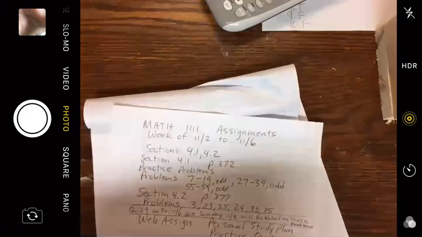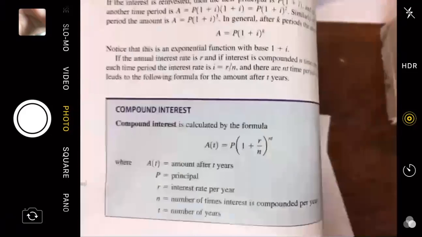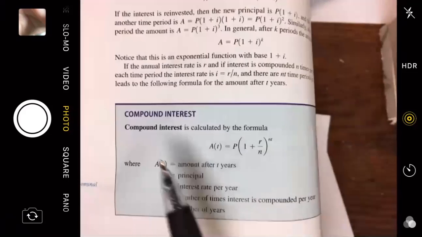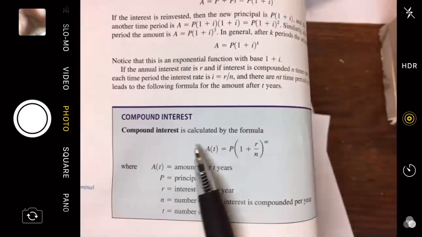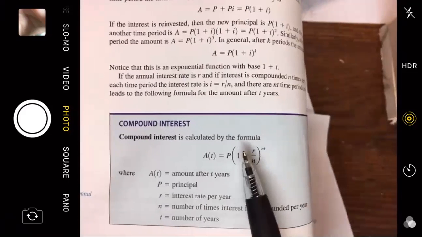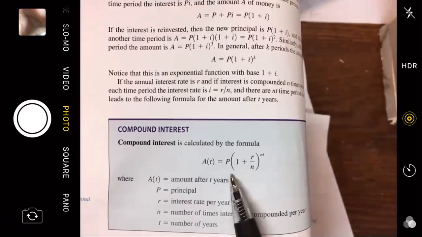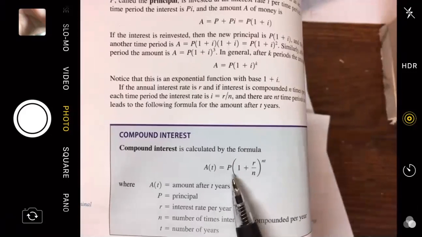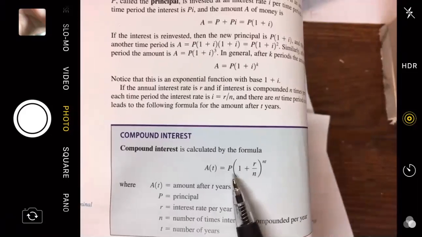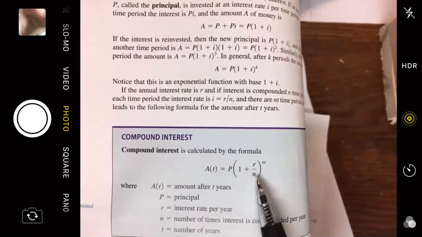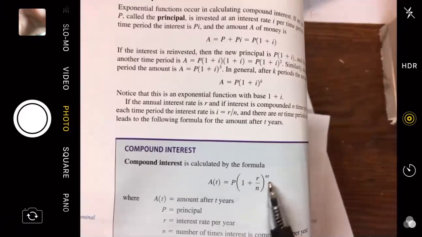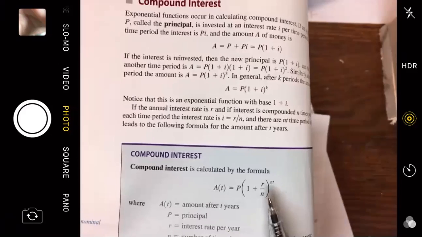Right here. Compound interest. P is the principal you put in the bank. R is interest rate. N is the number of times you compound, and T is the years that you leave the money there.